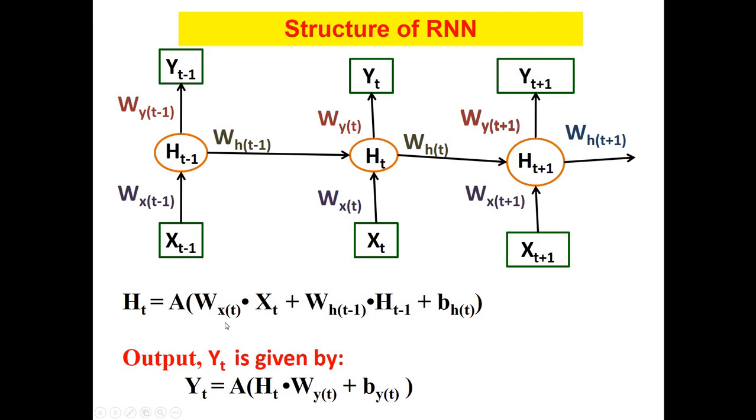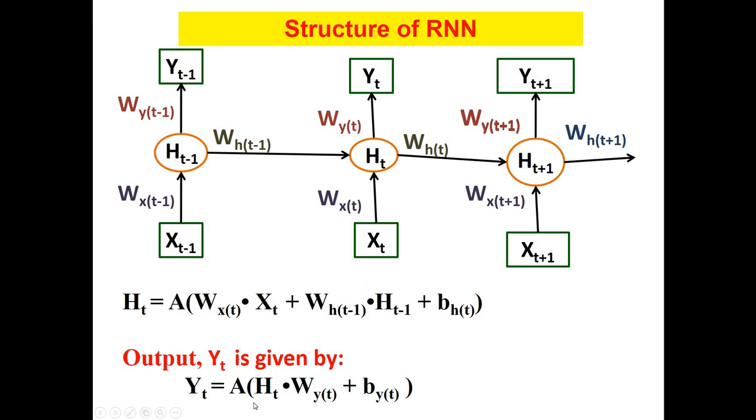So HT can be expressed as an activation function of Wxt into xt, like the earlier X1 W1, plus Wht-1 into ht-1, plus a bias. So it looks like the artificial neuron which we discussed earlier.